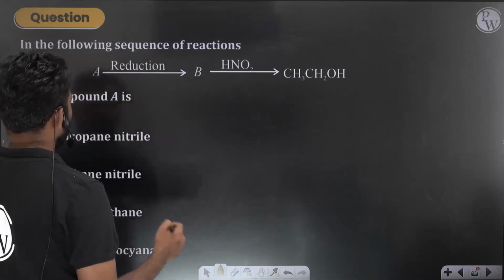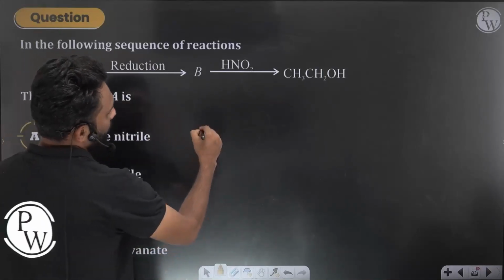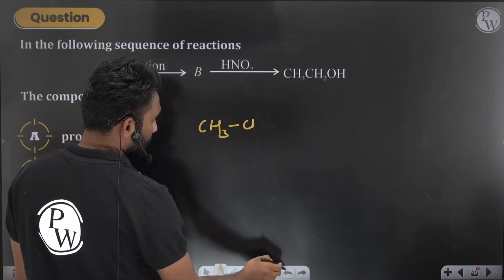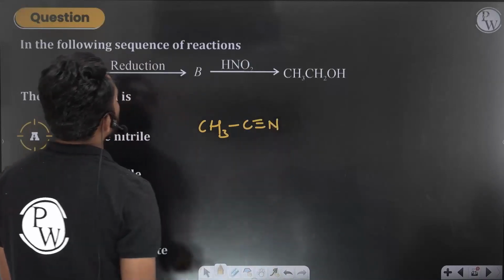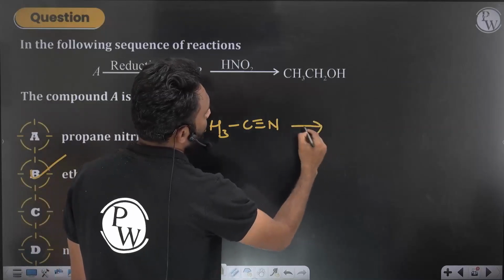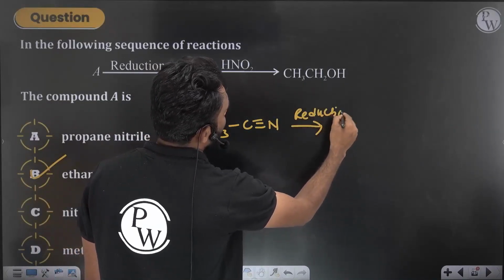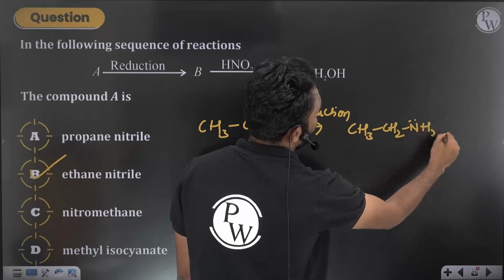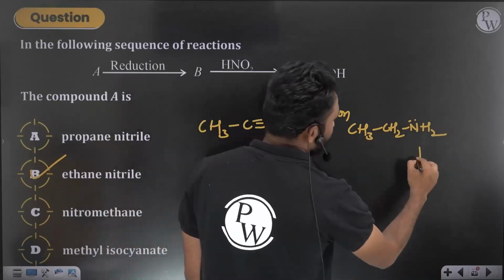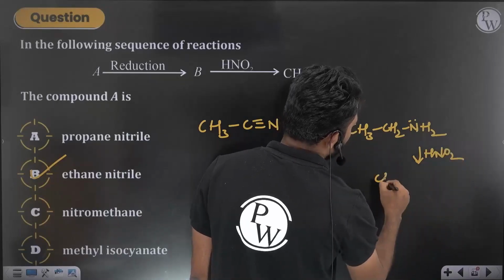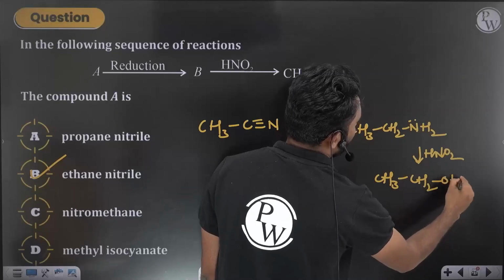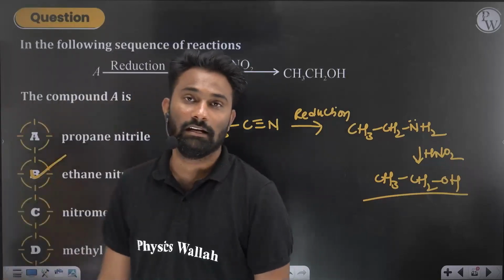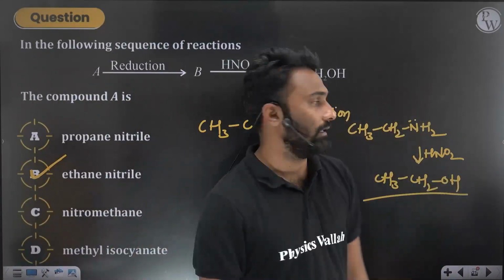The answer is ethane nitrile, because ethane nitrile CH3CN upon reduction will give ethylamine. Now ethylamine upon nitrous acid will give the primary alcohol, ethyl alcohol. Ethane nitrile is the answer for this question.